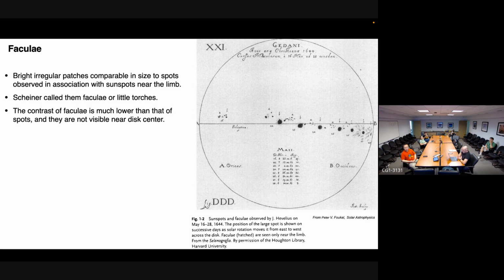And actually, these are faculae. Scheiner called them faculae later, or little torches. Scheiner was another great astronomer in the 17th century. So these structures were discovered in the 17th century, and now we know that the contrast of faculae is much lower compared to the sunspot, so they are much more difficult to see when they are close to the disk center.